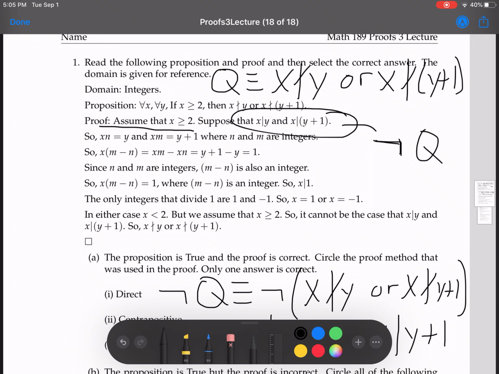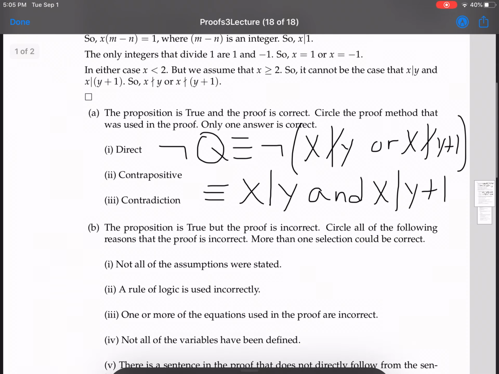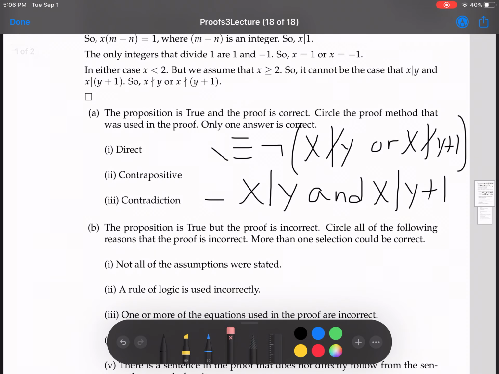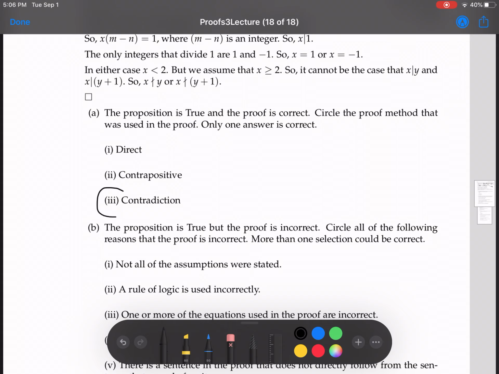So because we assume P and not Q, and you know that the proof is correct because I told you it was, we can see that this is in fact a proof by contradiction. Because in a proof by contradiction, you assume P and not Q and derive a contradiction.